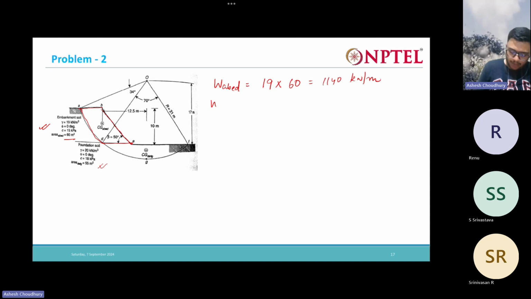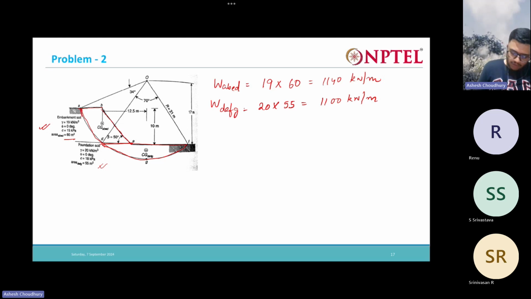Weight of the lower part, this part, right? Now these are the weights that we calculated.